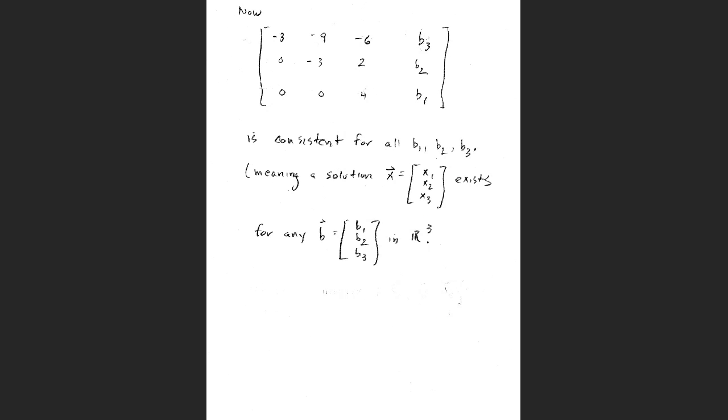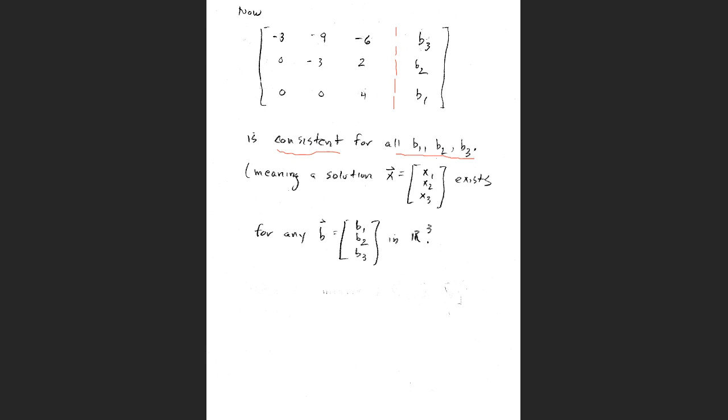All right, so then this system of equations is consistent for all B1, B2, B3. What do you notice about the matrix A?